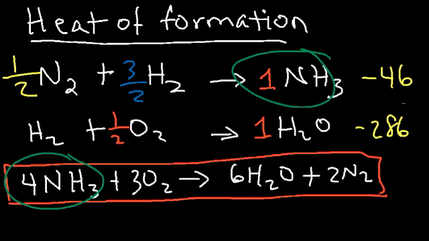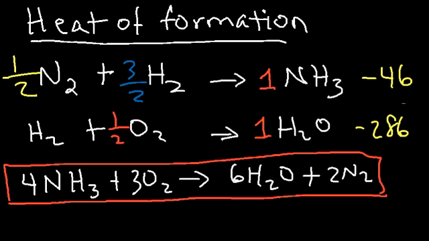So we need to reverse the first reaction so that NH3 will be on the left side, and then we need to multiply it by 4. We've got to multiply by 4, and anytime you reverse the reaction, you have to change the sign. So it's going to go from negative to positive.